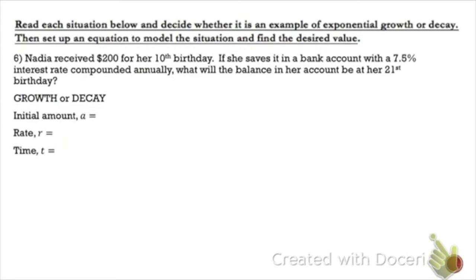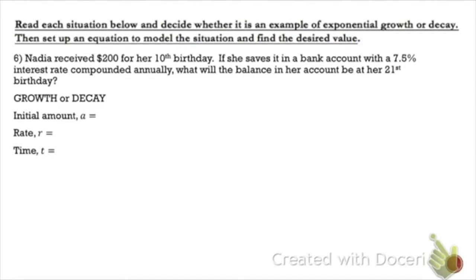Nadia received $200 for her 10th birthday. If she saves it in a bank account with a 7.5% interest rate, compounded annually, what will the balance in her account be at her 21st birthday? Now there's some language in here you might not have heard before, but it will become very common knowledge to you.